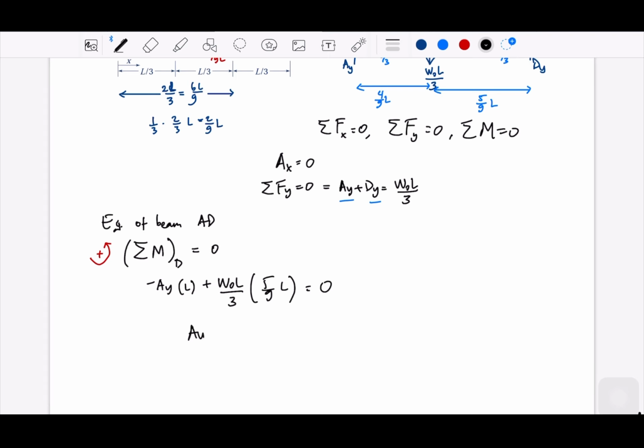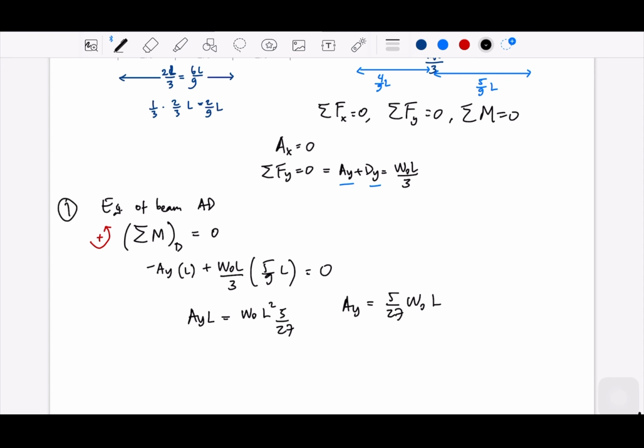So Ay L is 5 over 27, and so we can write Ay is 5 over 27 WL. So first, that's our Ay. This is for this first case.